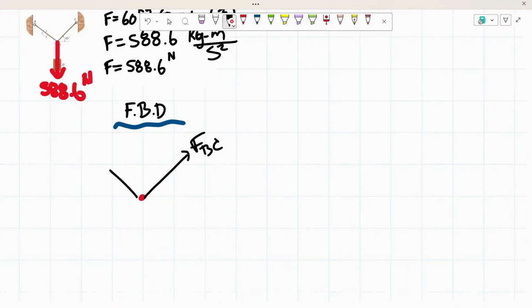And then we have another force right here, which we're going to call force FBA, going from joint B to joint A. And then from there, we just have a force that is acting downwards.